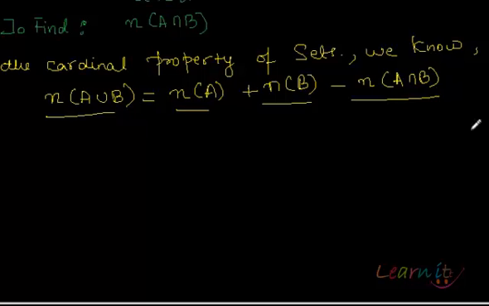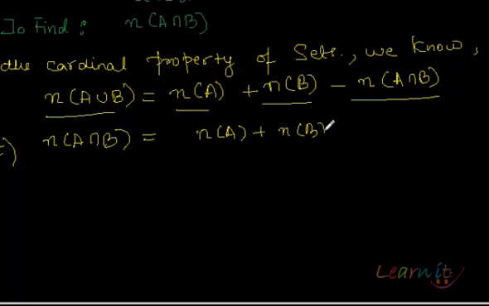Now this equation can be rewritten as n(A intersection B) equals n(A) plus n(B) minus n(A union B).